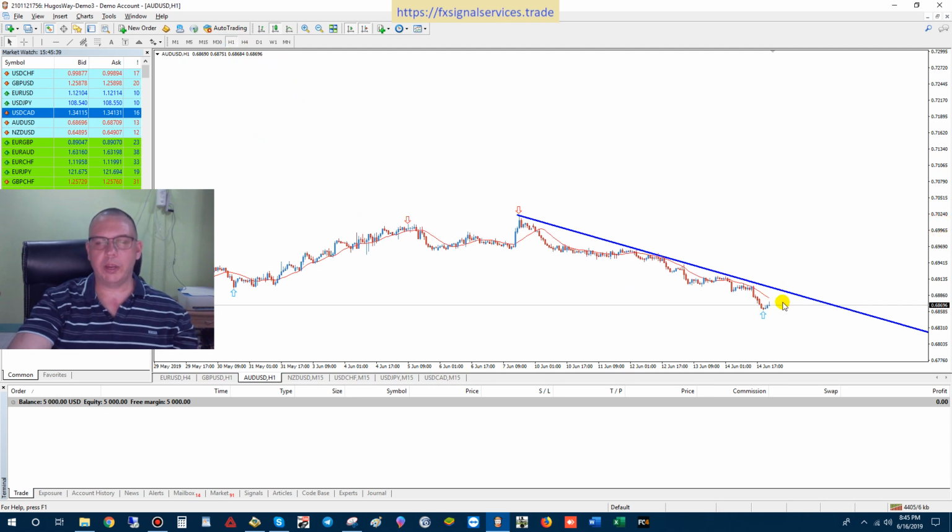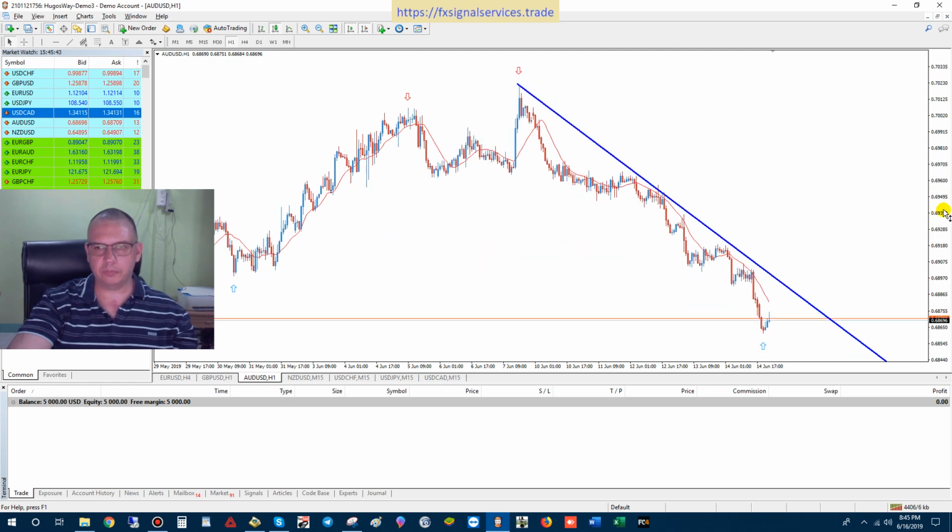I would just wait, however, until this trend line is officially broken. Once this trend line is broken, you can hop in for a buy, and this will probably happen sometime on Monday, maybe the later half of Monday, but it will definitely happen. And when that happens, boom, you're going to catch a lot of pips in the process.